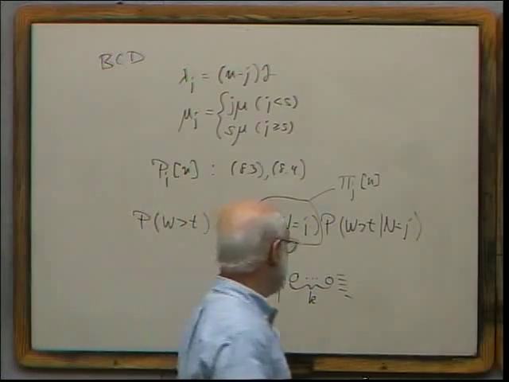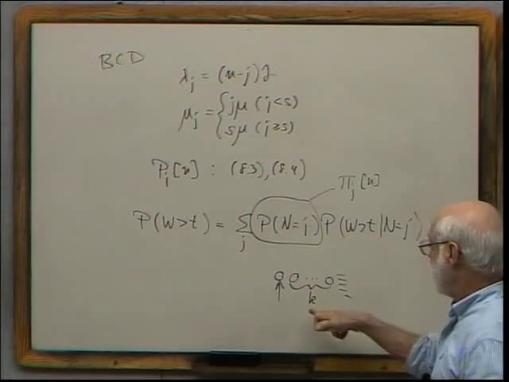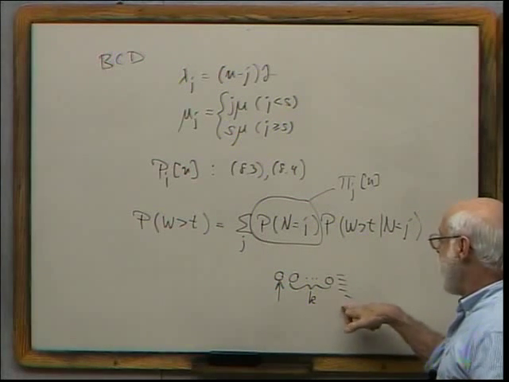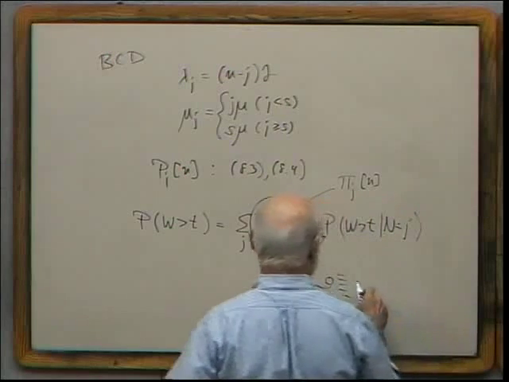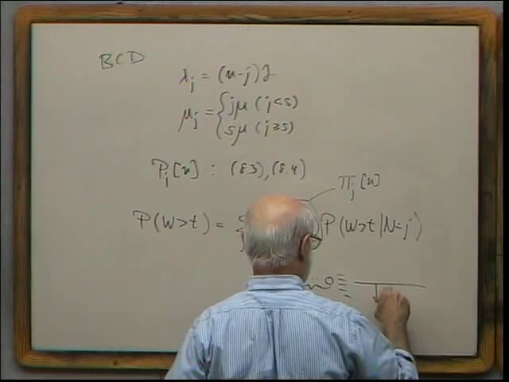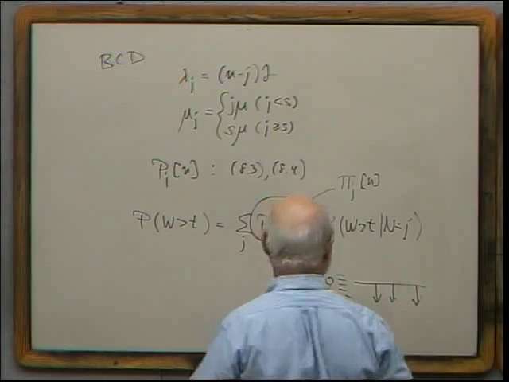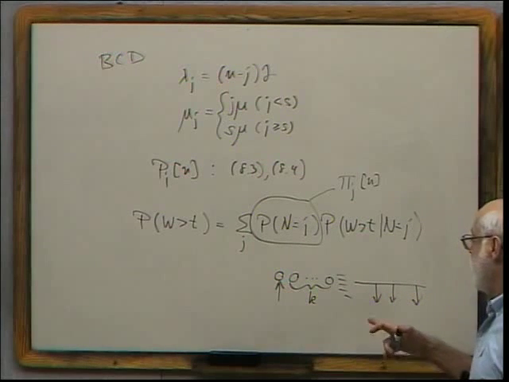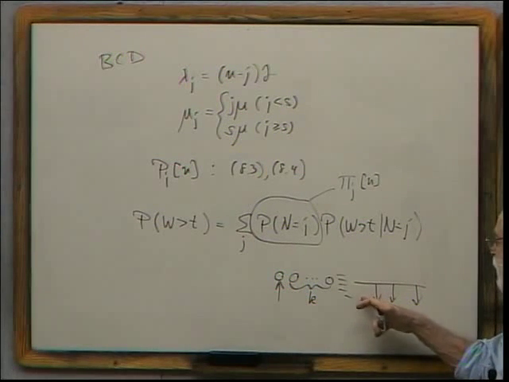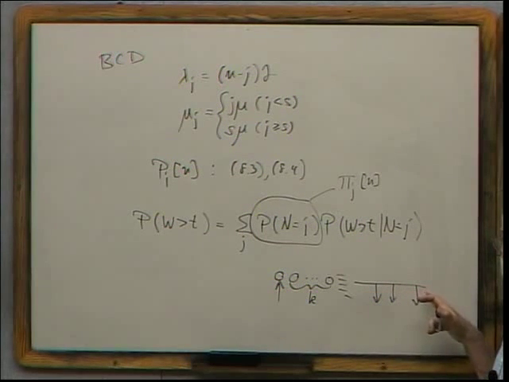Because once you condition on a number in front of you, all that matters is the completion process. And if you have exponential service times, we already made the argument that the times between departures are exponentially distributed, because it's the minimum of the exponential service times.